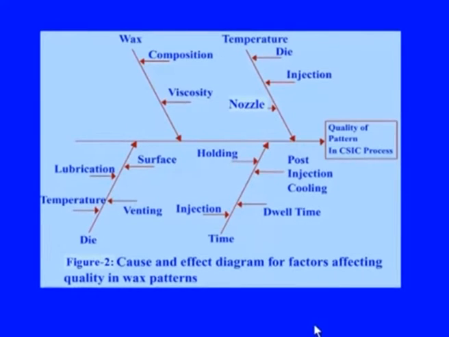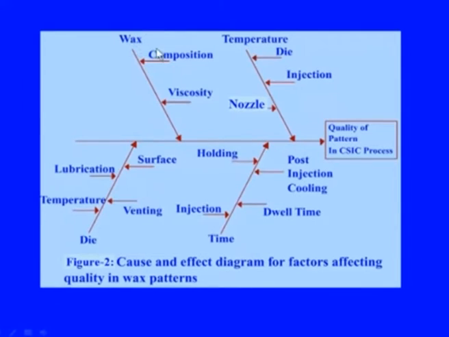This is the cause and effect diagram named after Ishikawa, in which there are four main categories of parameters. These are wax based, temperature based, die based and time based.